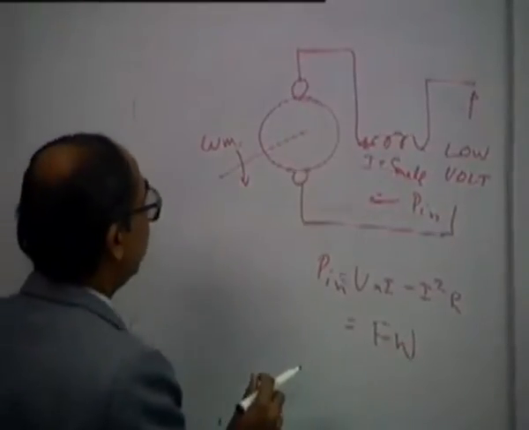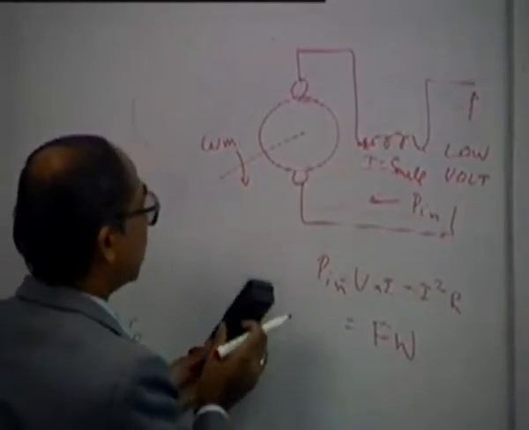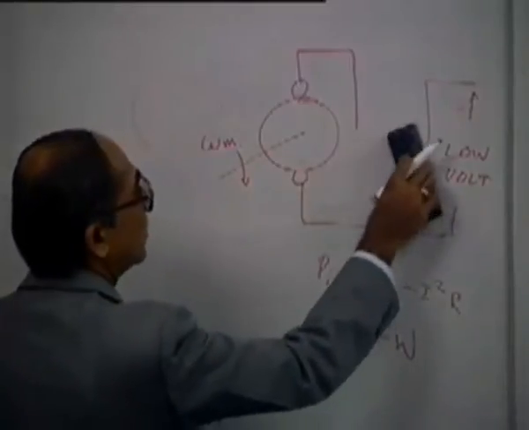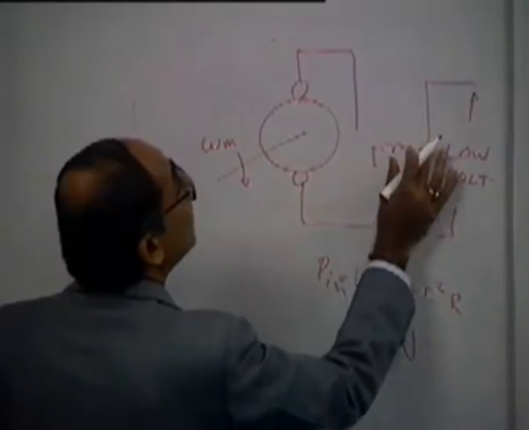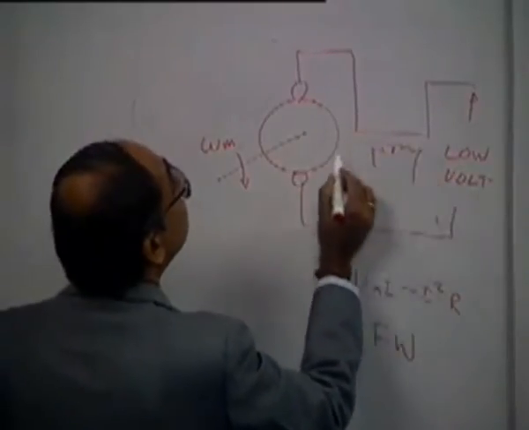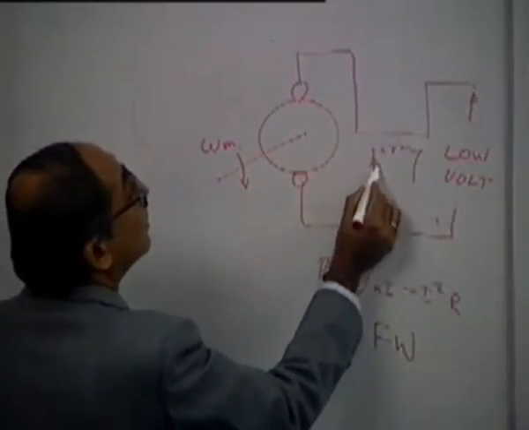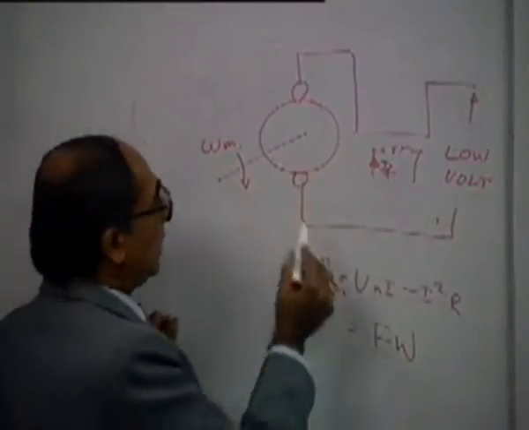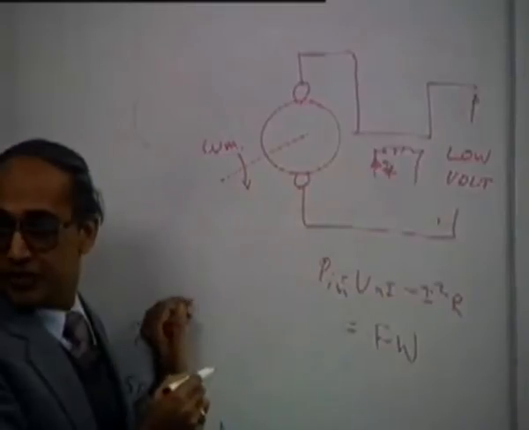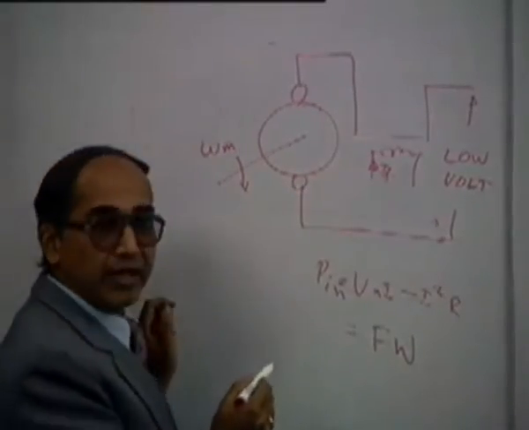Next what you do is you separately excite this. This field is now separately excited, and for different field current, omega m is now varied.